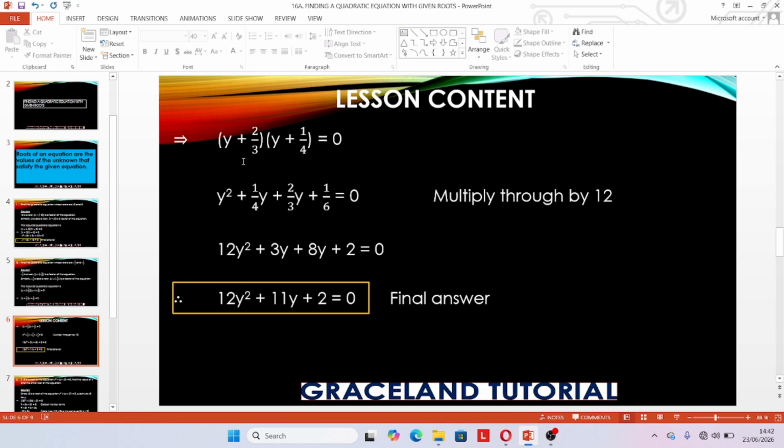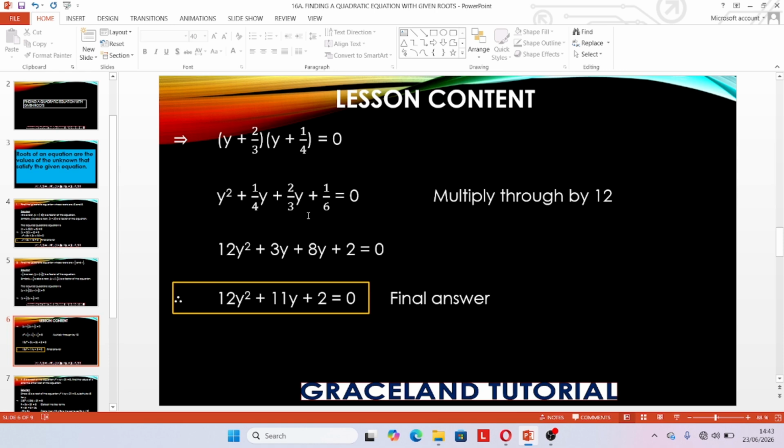Now that is going to be y times y, y squared, y times plus 1 over 4 is plus 1 over 4y, plus 2 over 3 times y is plus 2 over 3y, plus 2 over 3 times plus 1 over 4 gives plus 1 over 6, which is equal to 0.